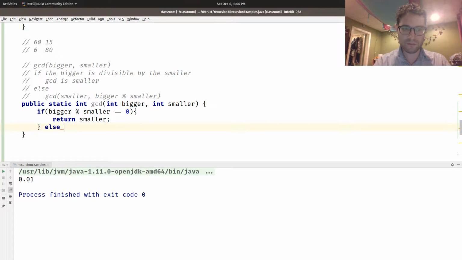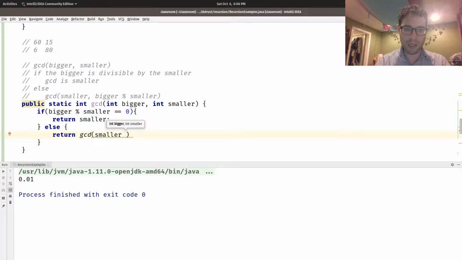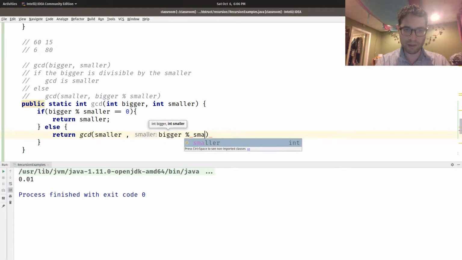Otherwise, we need to return the greatest common denominator of the smaller and the bigger number mod the smaller number.